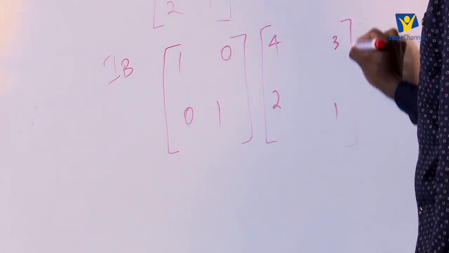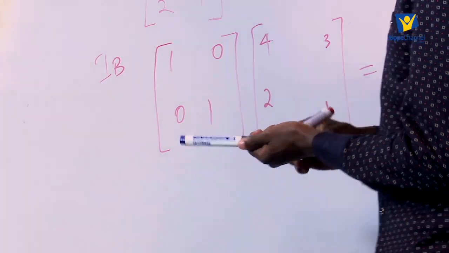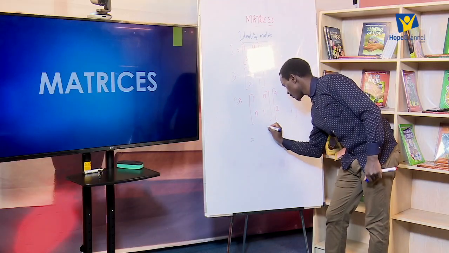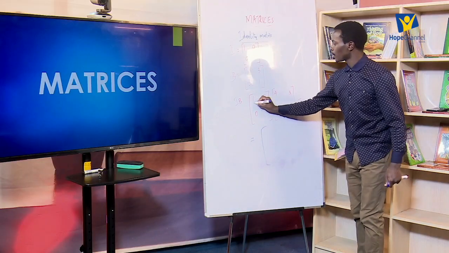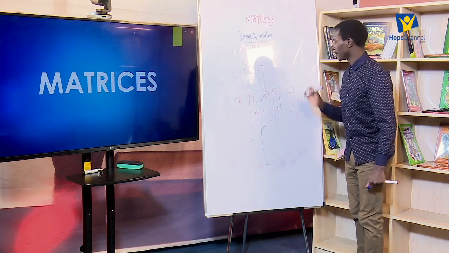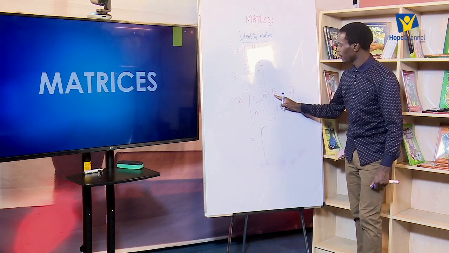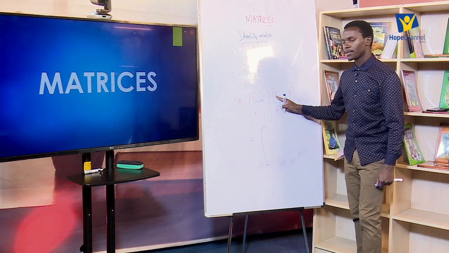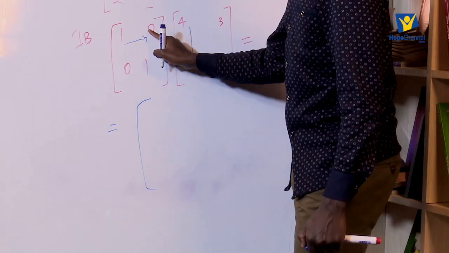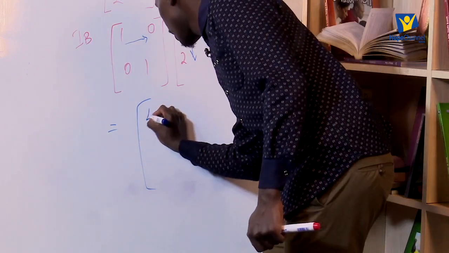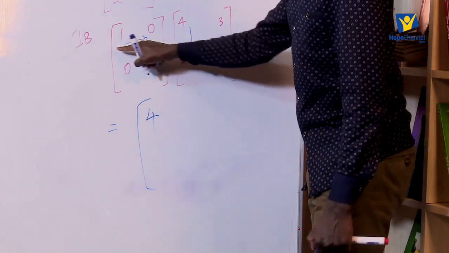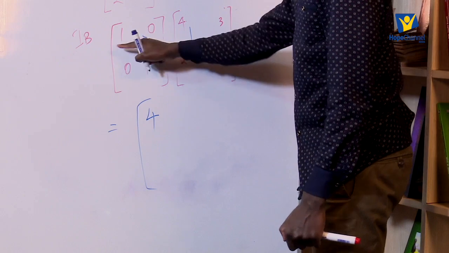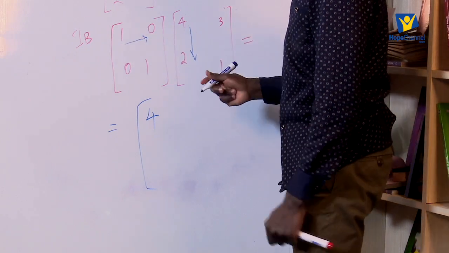Let's see. When you multiply these two, what do you get? I said it is row against column. So it is 1 times 4 plus 0 times 2. 1 times 4 is 4 plus 0 times 2 is 0. So we have the answer right there as 4. Then it is the first row against the second column to get the second element.